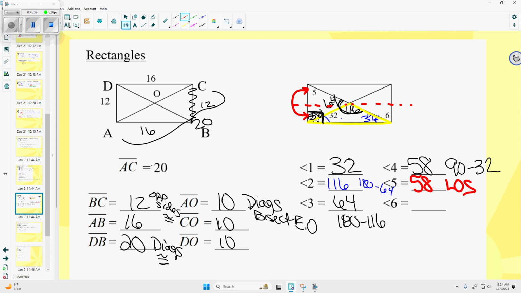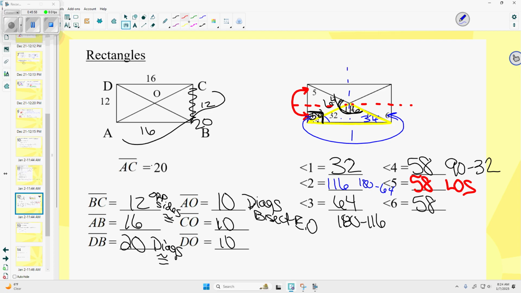Okay, how about angle 6? 58. And there, whichever line of symmetry you want to use, if you go this direction, that 58 has got to be the same as out there. Or you could do 90 minus 32. So it all just depends on which thing you see first.